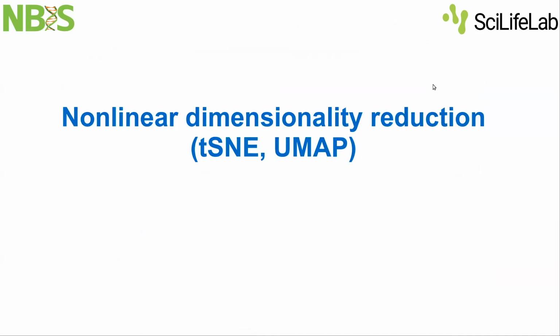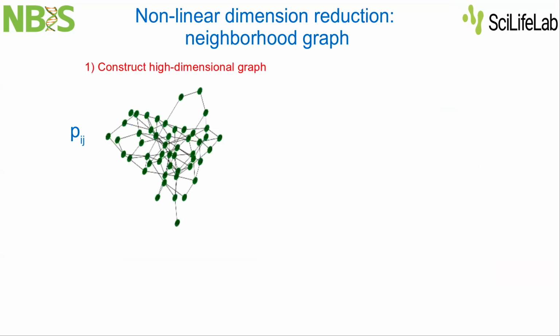Yes, and now we come to how these nonlinear dimensionality reduction techniques work, and they do essentially a very simple thing. There are 3 steps. Both t-SNE and UMAP do 3 steps. Step number 1, they generate a so-called high-dimensional graph.